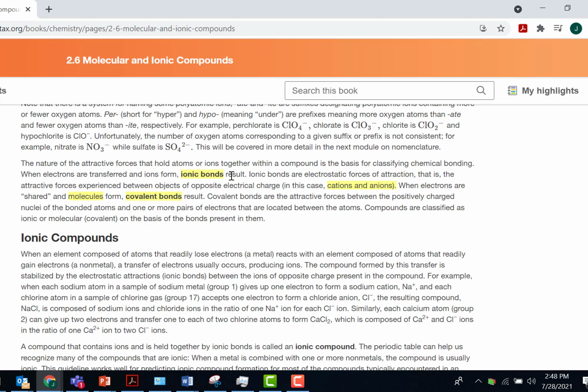We have molecular compounds and we have ionic compounds. Molecular compounds have covalent bonds. Ionic compounds have cations and anions, so metals and nonmetals. It turns out that for these covalent bonds, we typically are going to have just nonmetals there. And we'll see a little bit about that shortly.